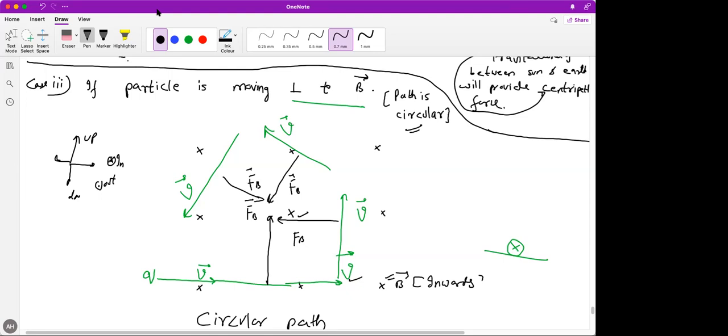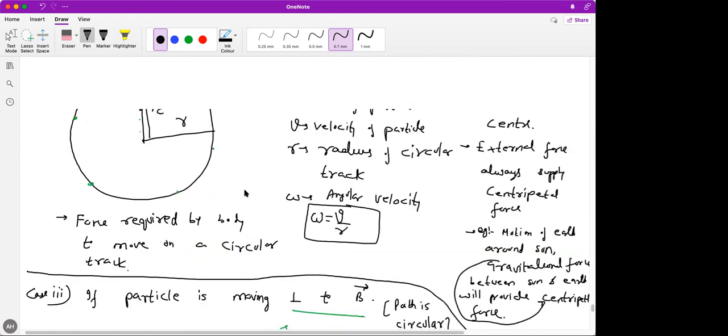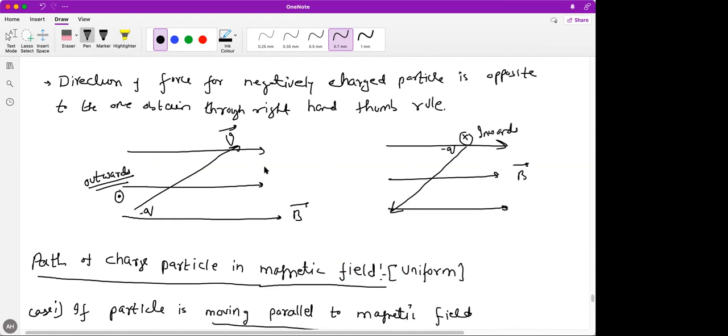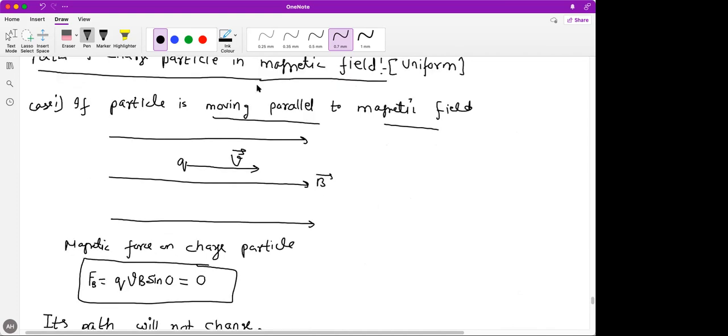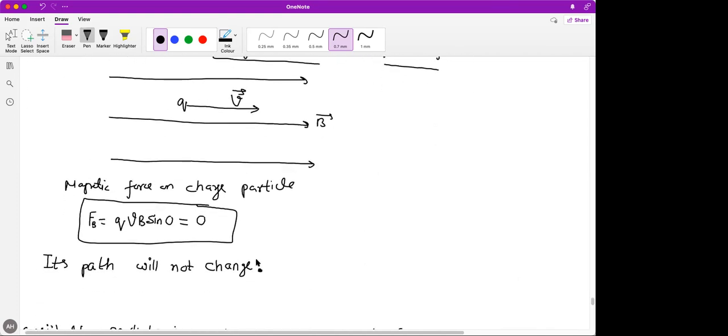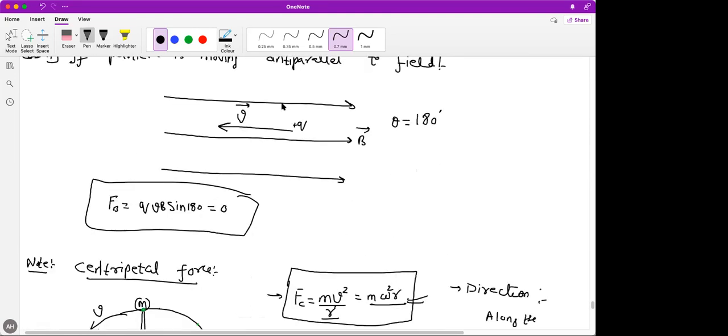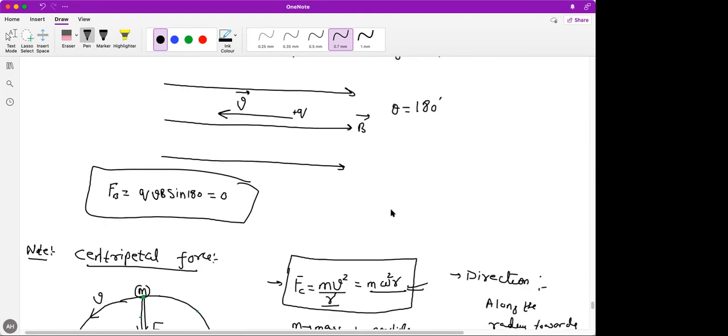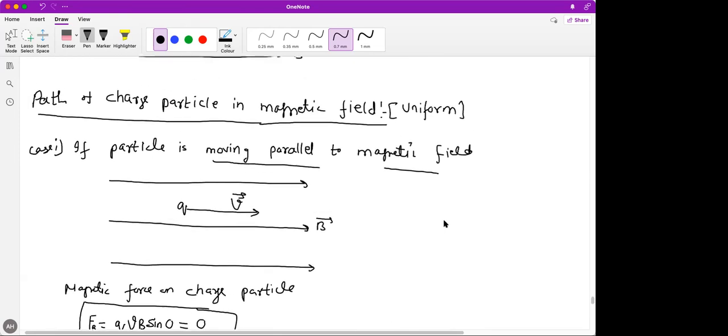Okay, put it down. We'll do few numericals on it. So remember, if charged particle is moving parallel to magnetic field, there is no force, it will go straight. No change in the path of direction. If it is moving anti-parallel, no change in path, it will go straight.